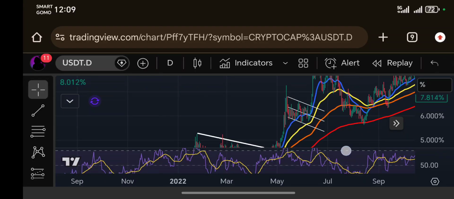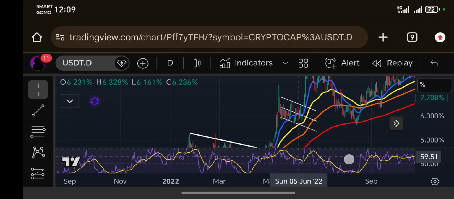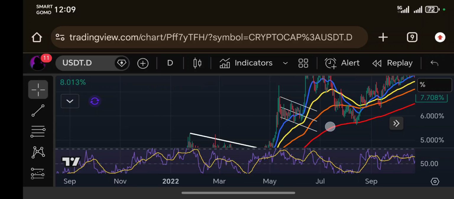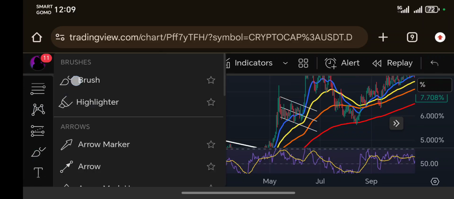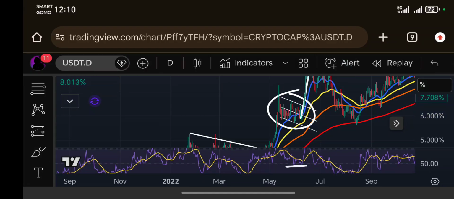Look at your RSI here. This is your 50 RSI, and it bounces while consolidating here. All right, I hope you are with me right now. This one and this one, and it blasts off to the upside, right?